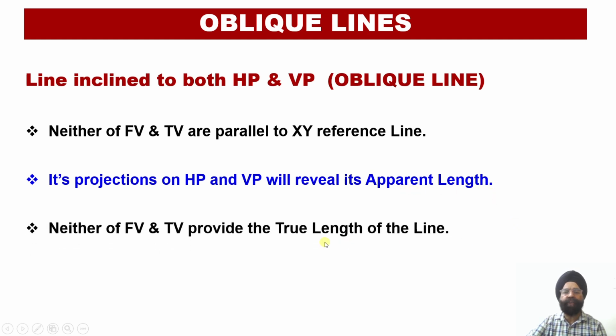And we are not going to obtain the true length of the line in the front view and the top view. So in order to obtain the true length of the line, we need to use the principles of the rotation of the line method to evaluate the true length of the line in the front view as well as in the top view, and their inclinations with HP and VP.